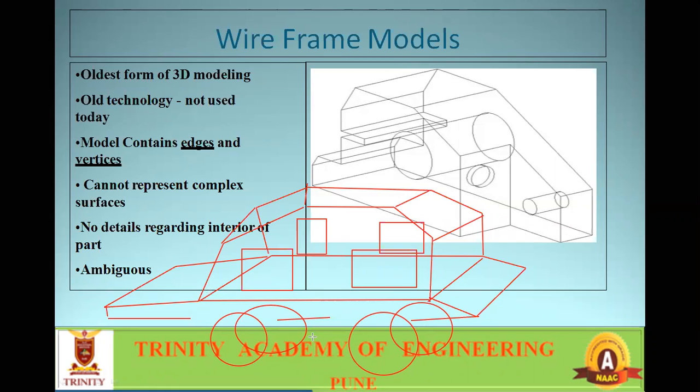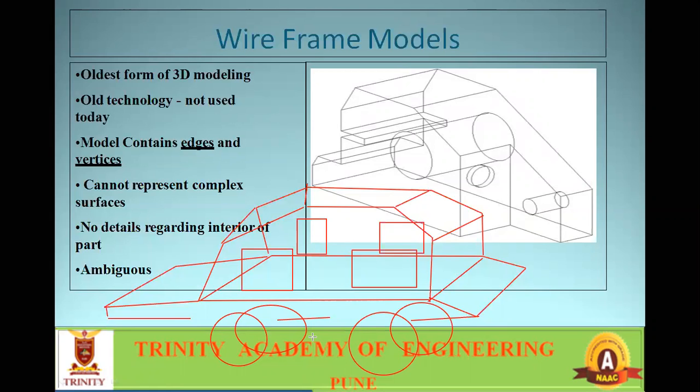In that, where is the interior? Where is the person sitting? Are you getting it? Where should the person sit? That idea is not clear in this part. If I draw only the external views in wireframe and go too deep into them, then this model might become very, very complex. So there is no detail regarding the interior of the car.